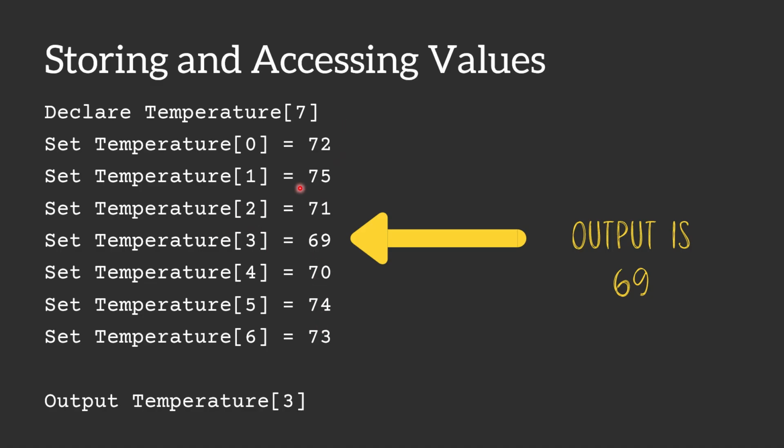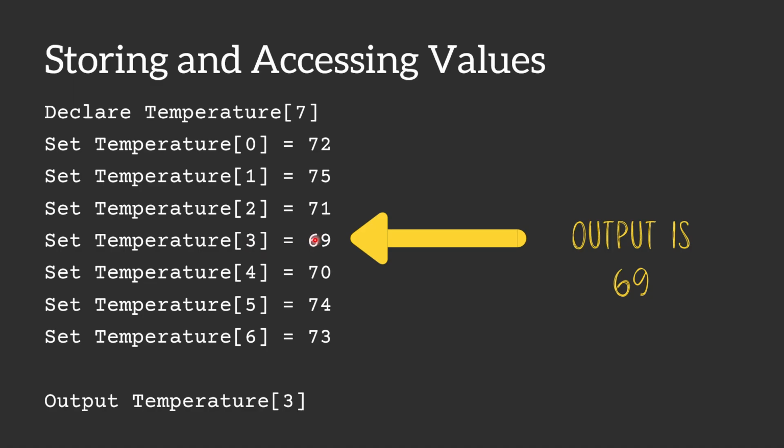Now if I wanted to display the temperature for Thursday, which is this one here, I'd have an output, and I could either call the value directly, or I could call the value in a sentence. Like I could say, Thursday's temperature is, and then temperature 3, with the index of 3.